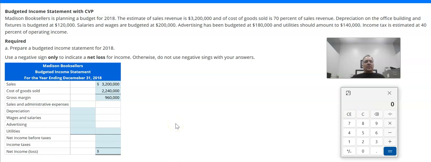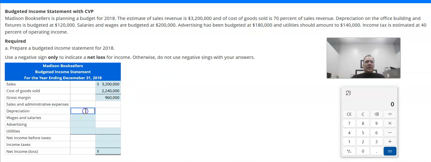And let's see here. What else do they want? Depreciation on the office building and fixtures is $120,000. Salaries and wages are budgeted at $200,000. Advertising has been budgeted at $180,000, and utilities amount to $140,000.